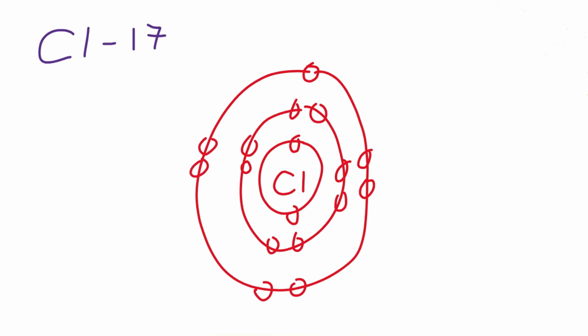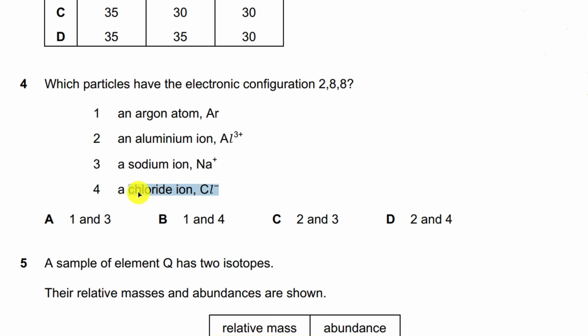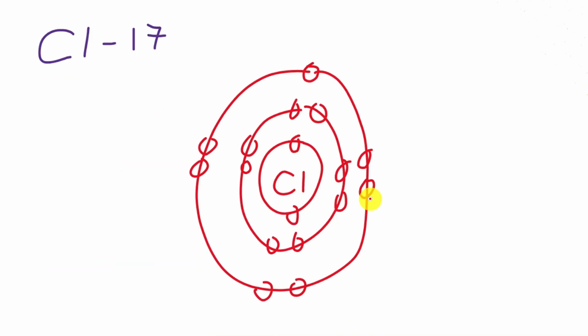So this will be the electronic configuration of chlorine. However, this is not what we need. In the question, it's mentioned chloride ion, chlorine minus. The minus symbol is given from gaining an electron to the atom.